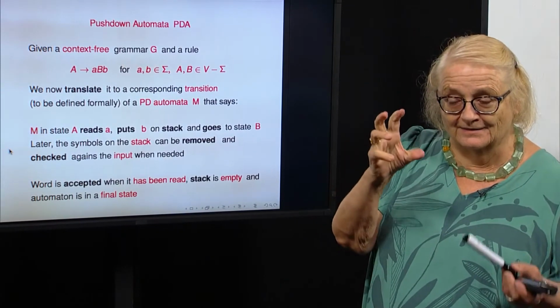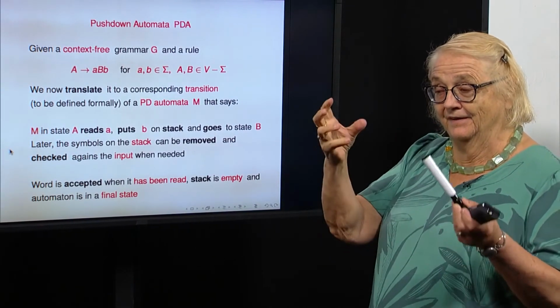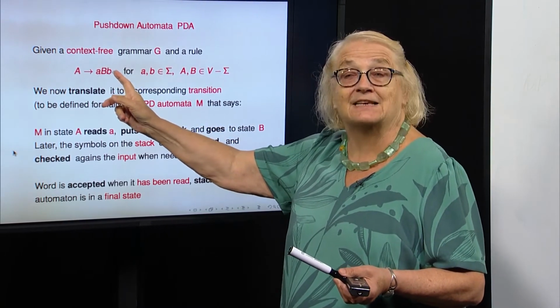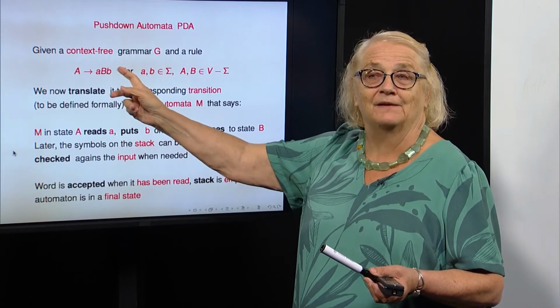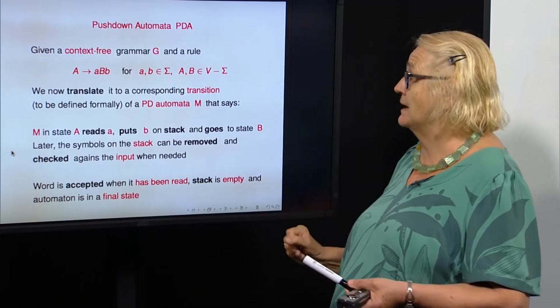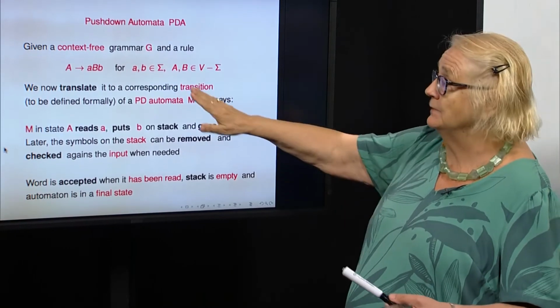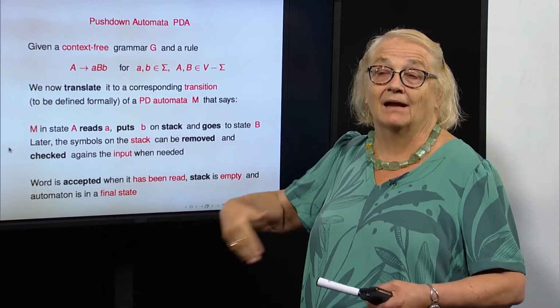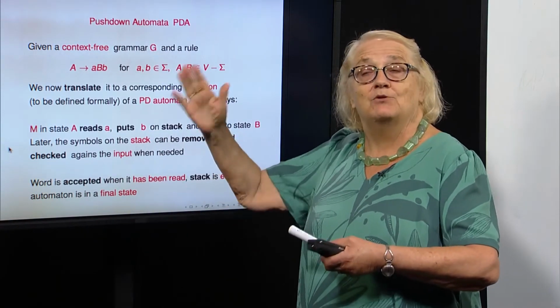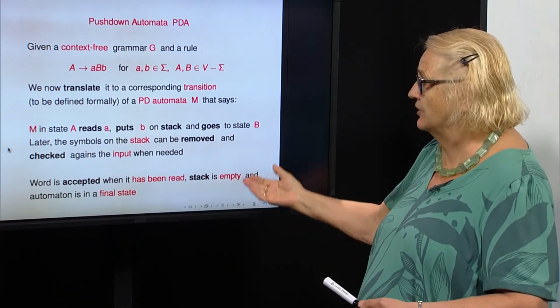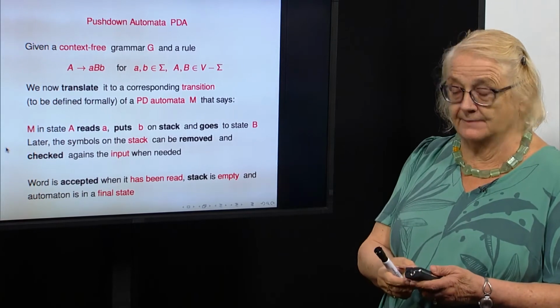So the state reads, does something with your stack, puts B on the stack, and goes to state B. And later, those symbols from the stack can be removed when you keep reading, and finally the stack is empty.